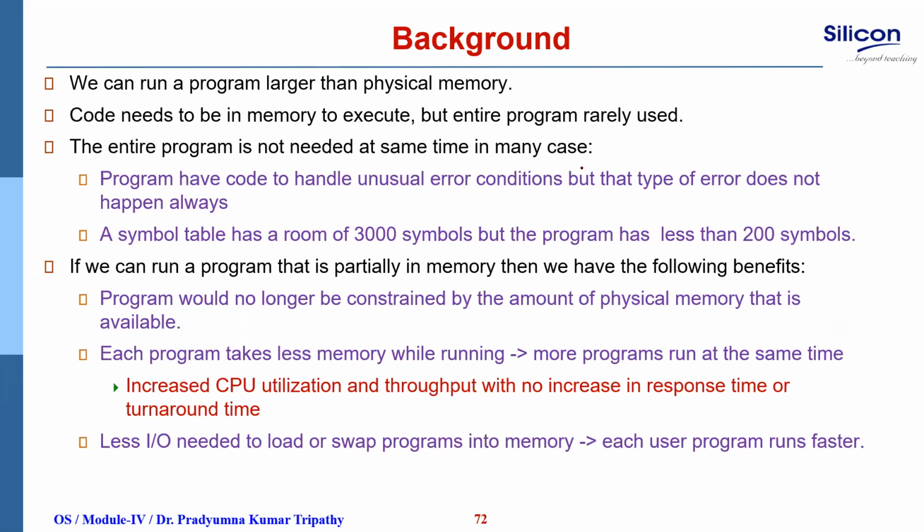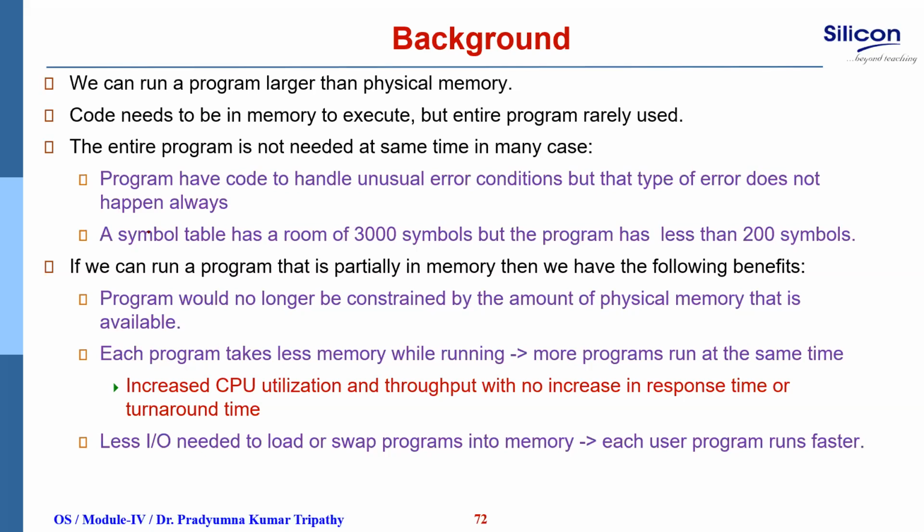We may take it out to the disk and stage 2 may be loaded into the memory. In this way, we could play a game which is beyond the main memory size, because we may not be requiring the entire program to be loaded at the same time, right? So here the concept of virtual memory came into the picture.